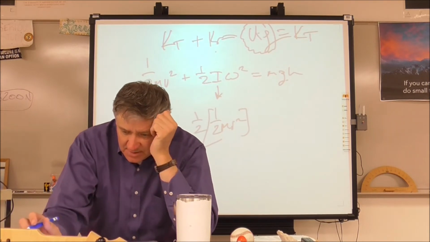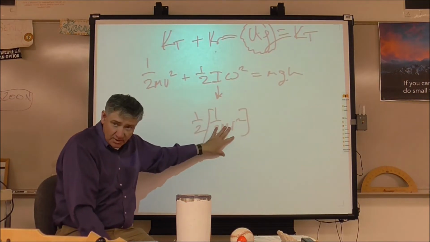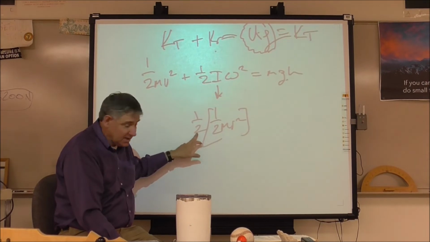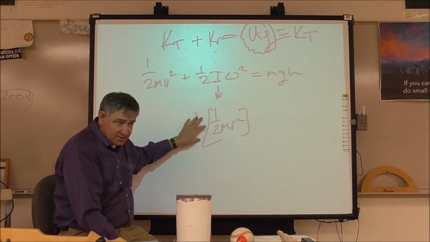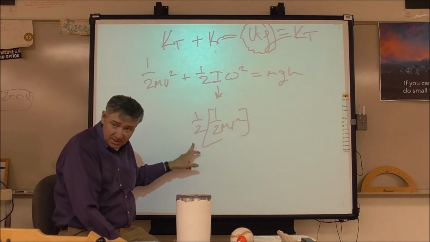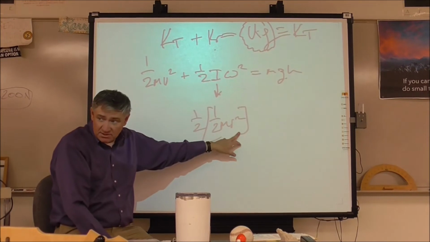But don't confuse this 1/2 in mr squared with this 1/2 that's out here. This 1/2 that's out here is because of the equation of rotational kinetic energy. This 1/2 is here because it's 1/2 mr squared.